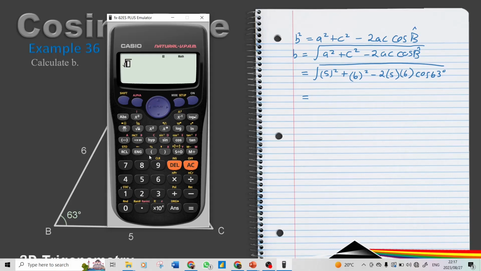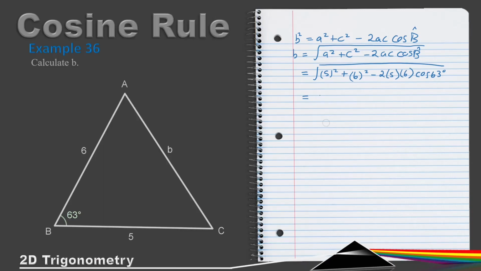We have the square root of 5 squared plus 6 squared minus 2 times 5 times 6 cos of 63. That gives us 5.81, rounded off to 2 decimal places. We're not given any units, so we're just going to leave it like that.